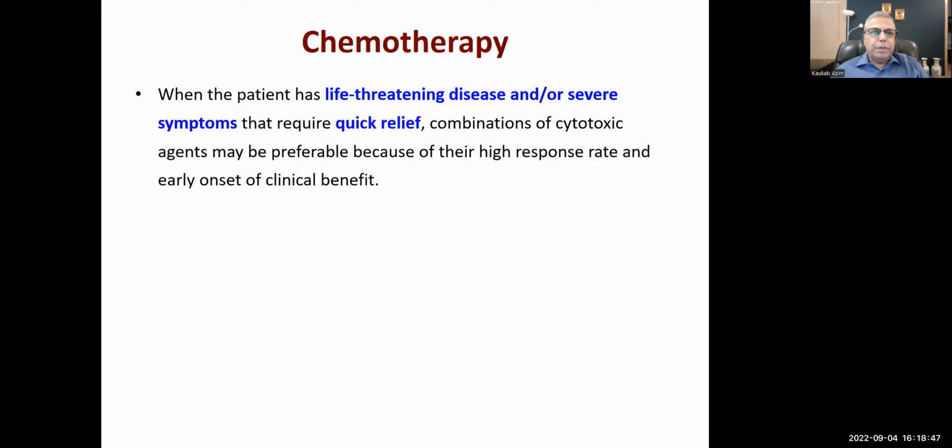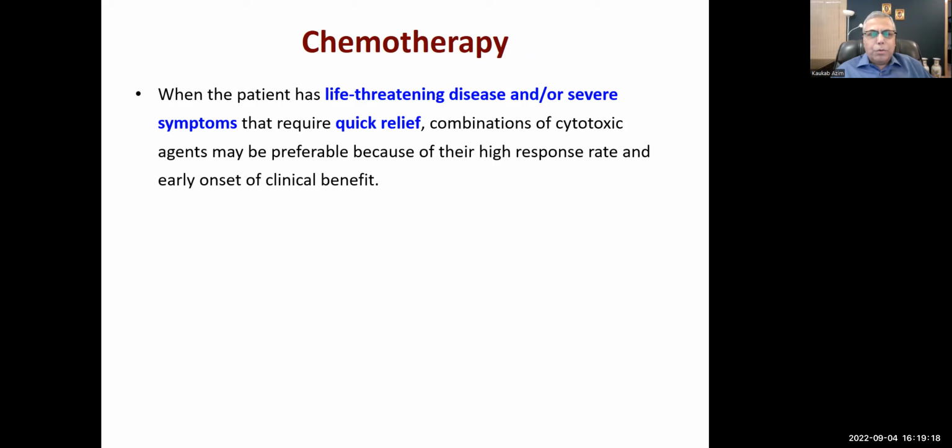So in chemotherapy, when the patient has life-threatening disease or severe symptoms that require quick relief, a combination of cytotoxic agents may be preferable because of their high response rate and early onset of clinical benefit. These cytotoxic drugs have a lot of side effects, and they destroy the normal cells as well.